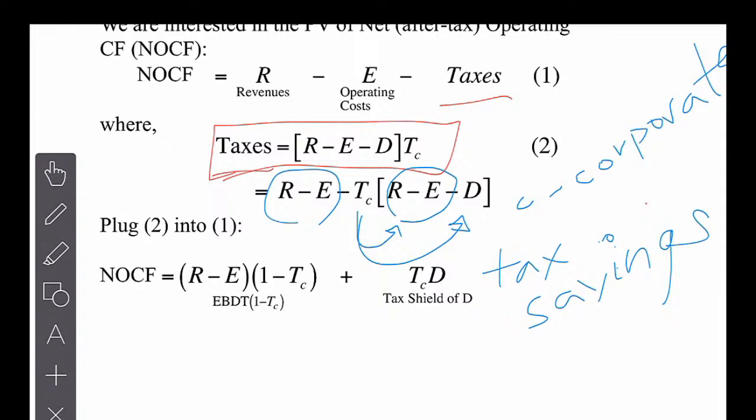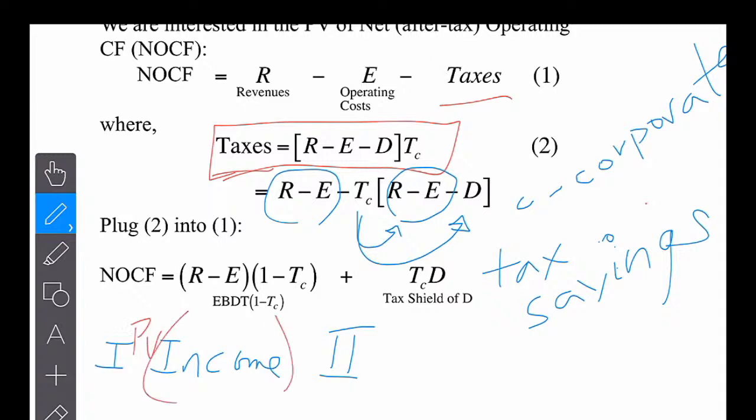We need to consider these net operating cash flows for income. That's part one, and I want the present value of income. Part two, I want to consider investment separately.